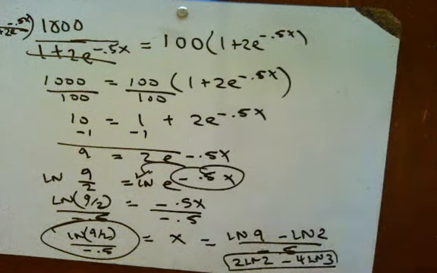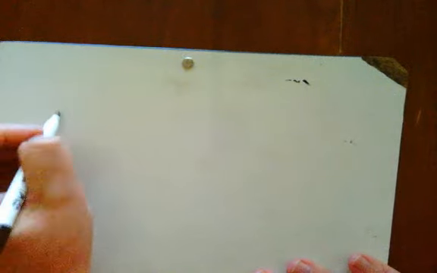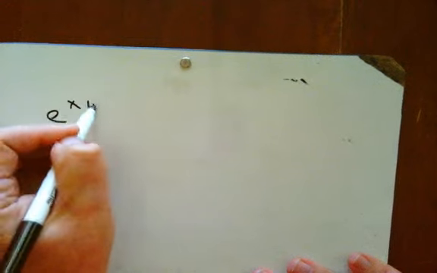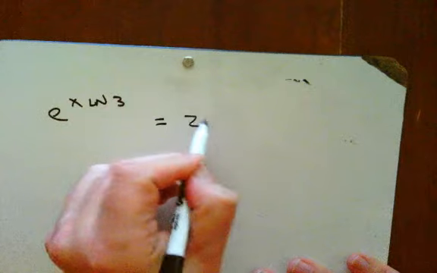In fact, you could even turn this into dividing by negative 1/2 as being 2 ln of 2 minus 4 ln of 3. So if you're going to go the simplifying route, this is what you'd see in a multiple choice answer, but this would be fine on our test. Okay? All right.